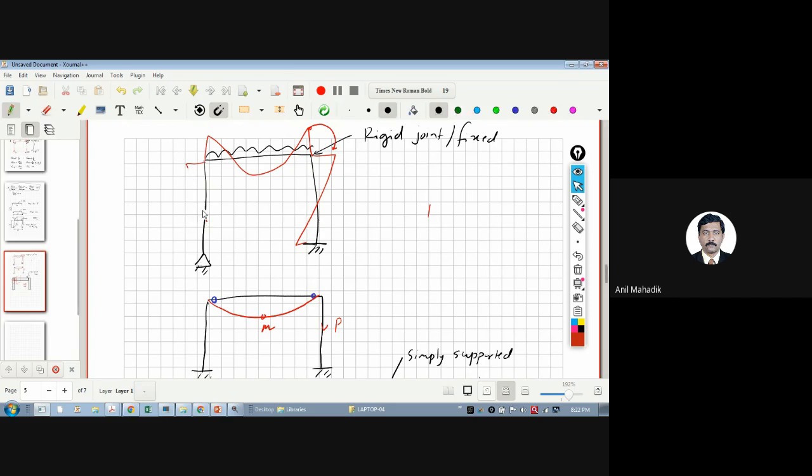The right one is a fixed support only. So I know that there will not be any moment here, so it will be zero. So my bending moment diagram will be like this. This support I am giving in the Staad Pro software.